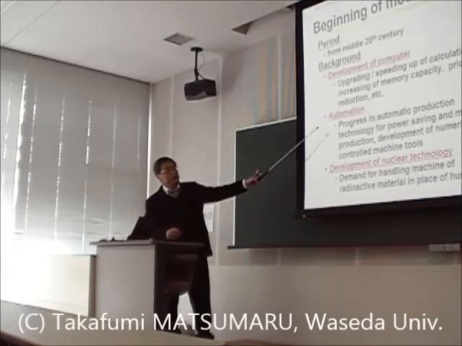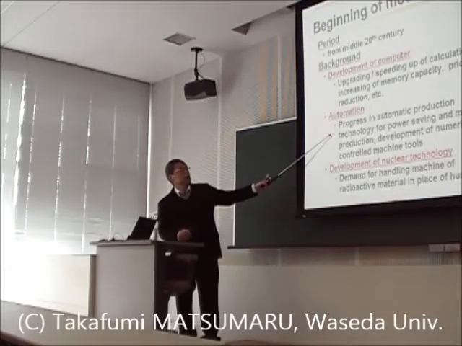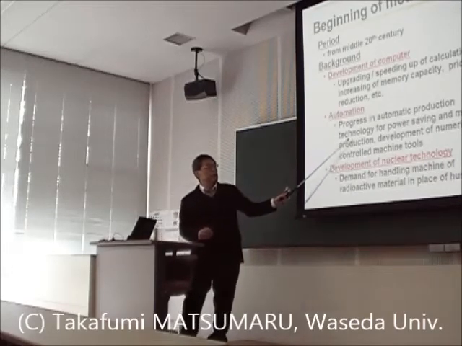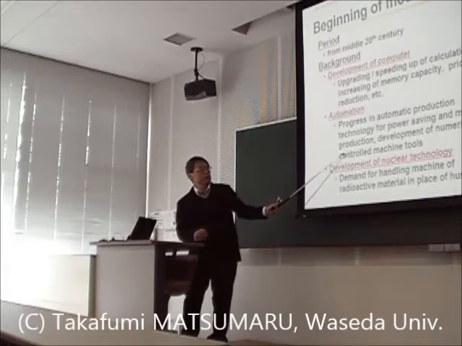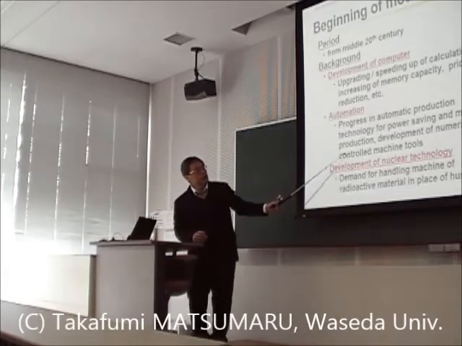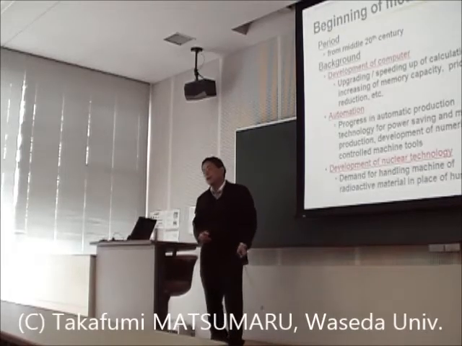Second is automation. Yes, factory automation. The progress in automatic production technology for power saving, mass production, development of numerical controlled machine tools, and so on. So therefore the automation.